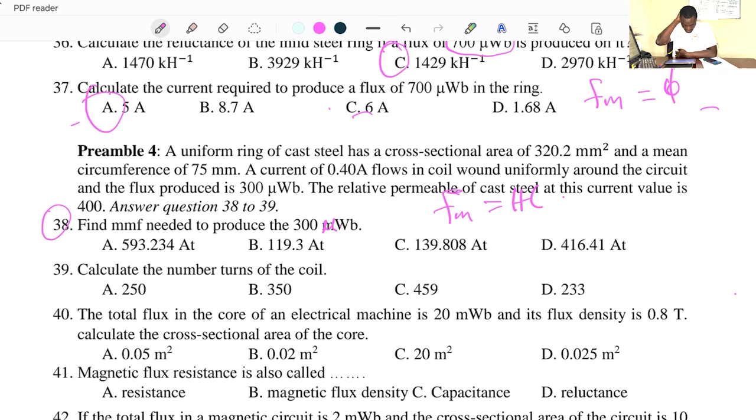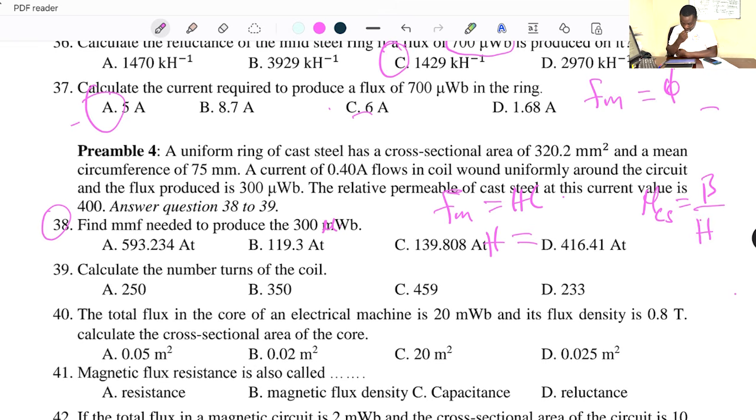So I have to find the magnetic field strength, which is H. We know that the absolute permeability of the cast steel is equal to magnetic flux density over the magnetic field strength.